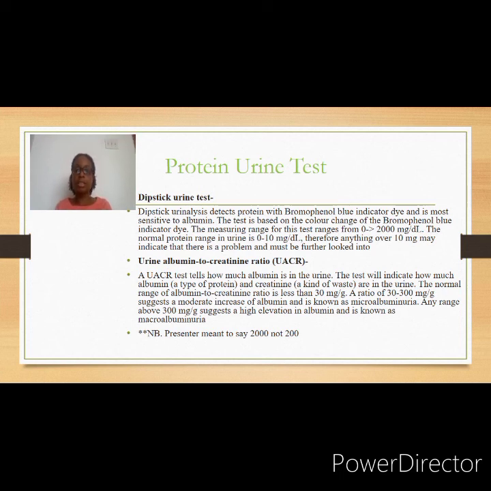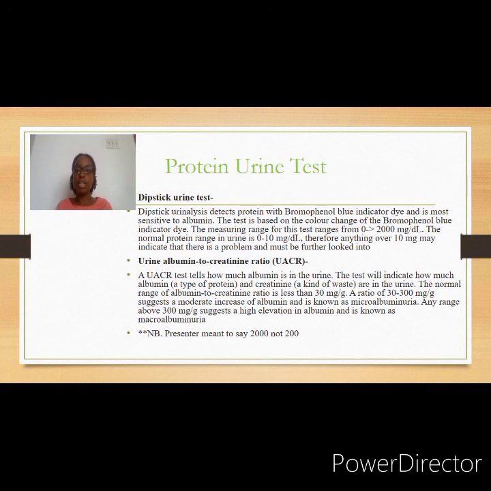The second test is called the urine albumin to creatinine ratio. The normal range of albumin to creatinine ratio is less than 30 milligrams per gram. A ratio of 30 to 300 milligrams per gram suggests a moderate increase of albumin and is known as microalbuminuria.